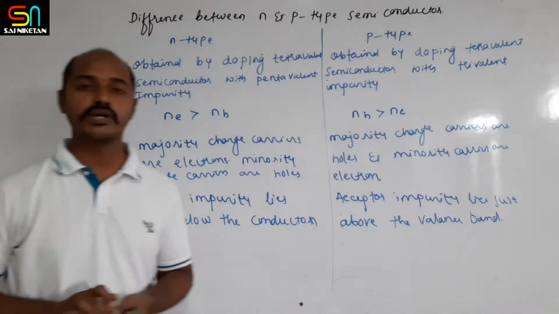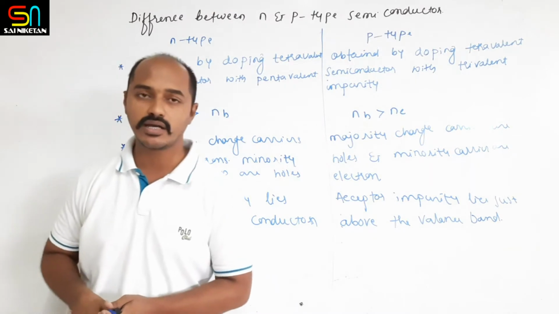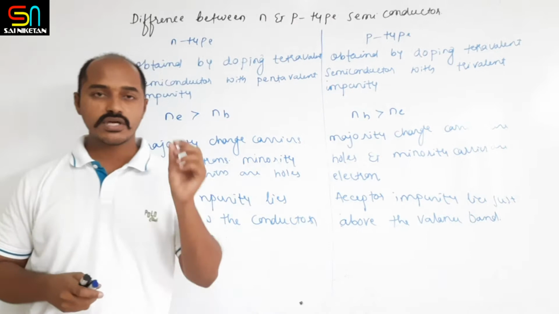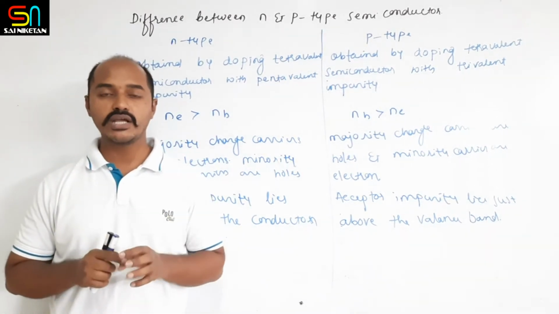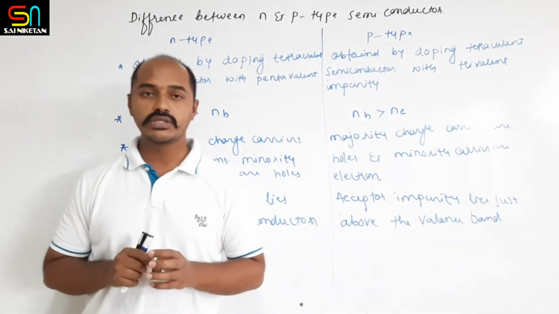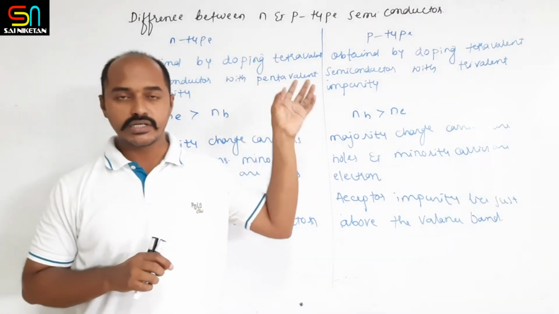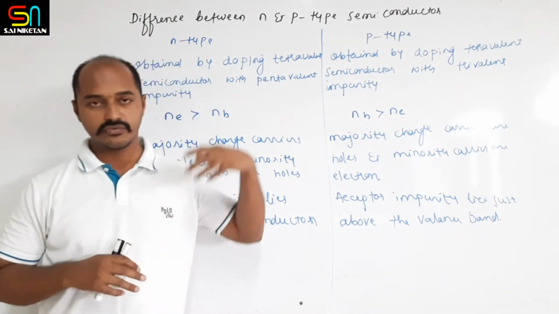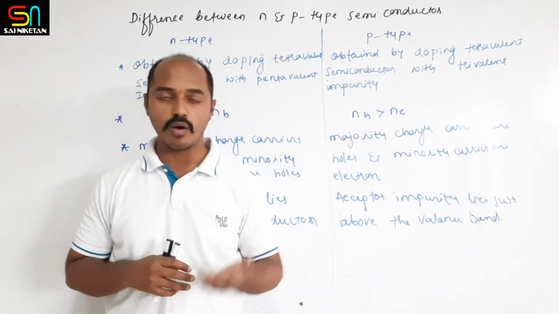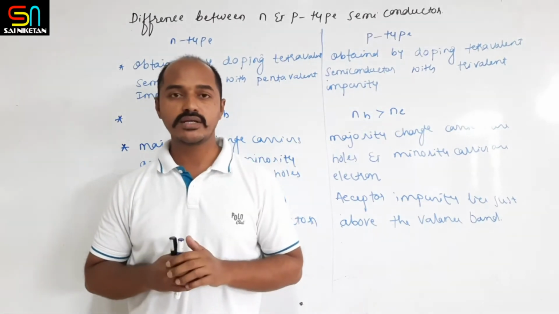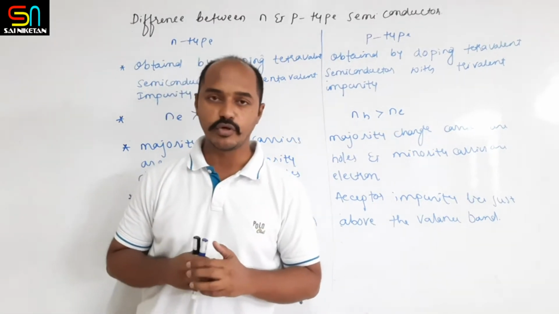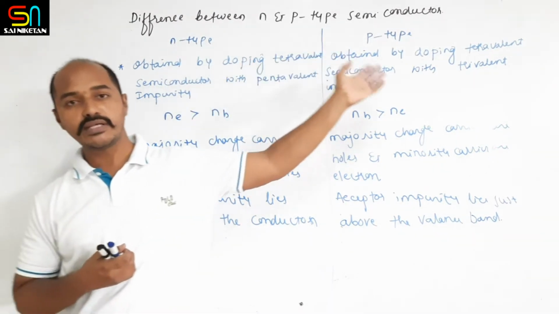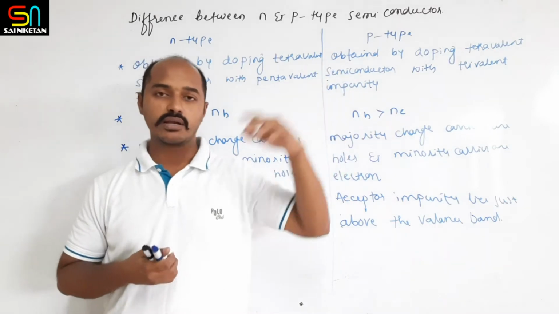So there are four main differences between p-type and n-type semiconductor. So I will repeat. First, n-type semiconductors are obtained by doping a tetravalent semiconductor with a pentavalent impurity, whereas p-type semiconductor can be obtained by doping a tetravalent semiconductor with a trivalent impurity. And here the number of electrons is more than the number of holes, and in the p-type the number of holes is more than the number of electrons.